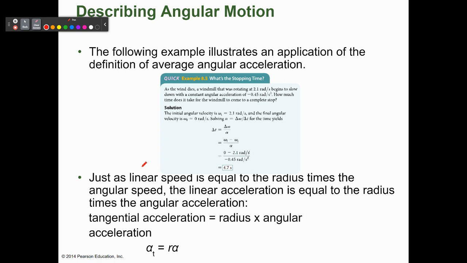So remember that angular acceleration is the change in angular velocity divided by the change in time. We know we're looking at how long it is going to take to stop. Well, if it stops, that would be zero velocity, minus 2.1, which is where it started.